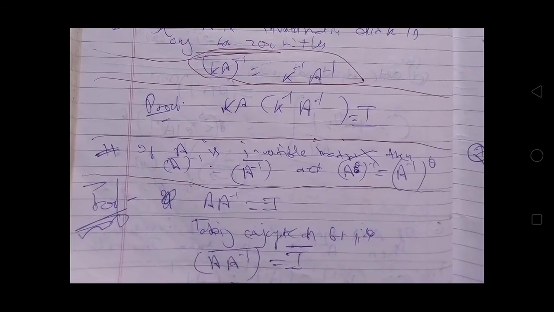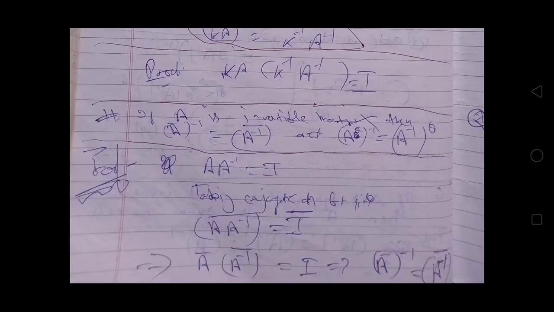Now see this note: if A is invertible matrix, then inverse of conjugate of A will be equal to conjugate of A inverse, and inverse of conjugate transpose of A is equal to conjugate transpose of A inverse. Proof. Now proof is very simple. A into inverse of A is equal to identity matrix. Taking conjugate on both sides, you will get this, and this will further imply that conjugate of A into conjugate of A inverse is equal to identity matrix.